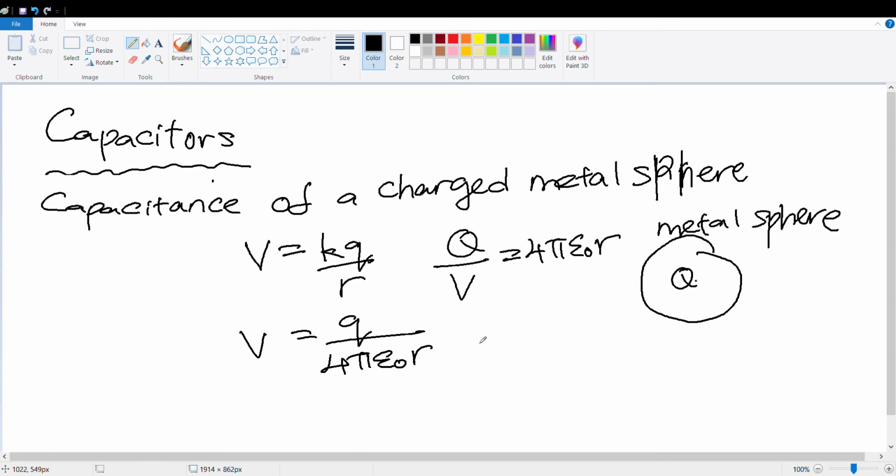Hence the capacitance equals 4 pi epsilon naught R. This is the capacitance for the metal sphere.